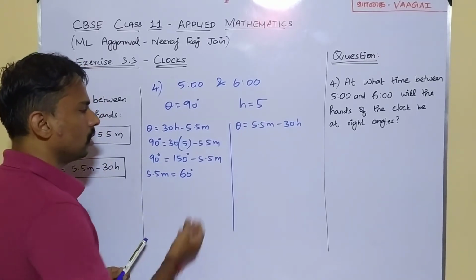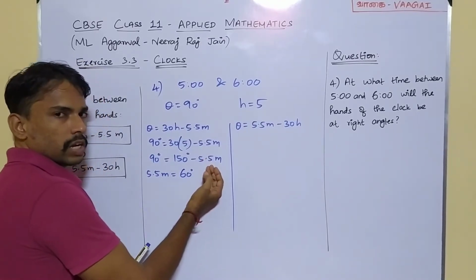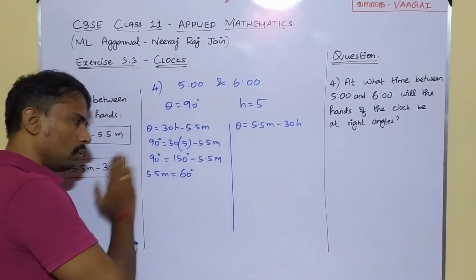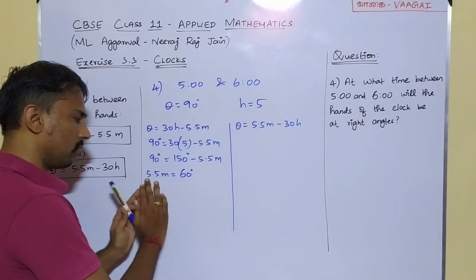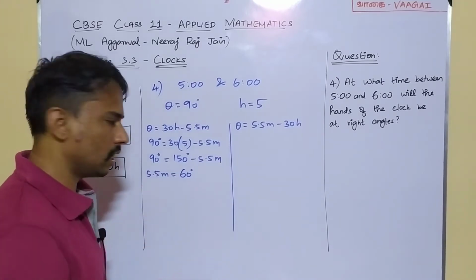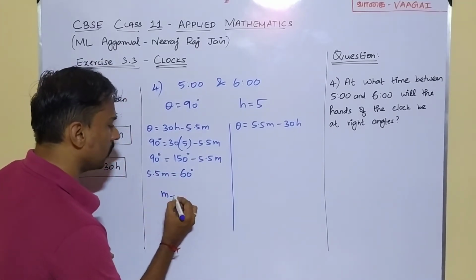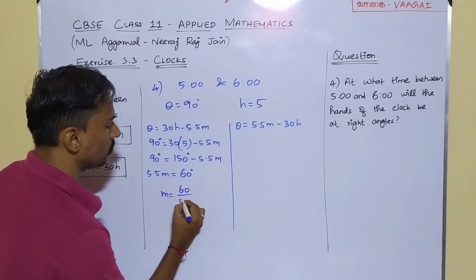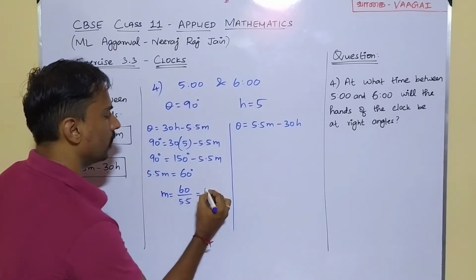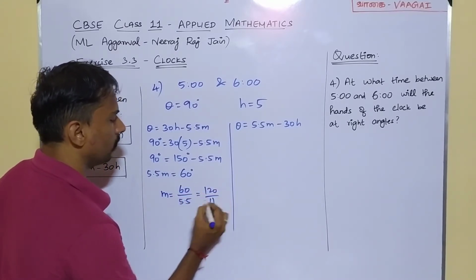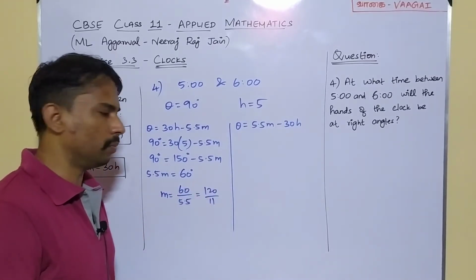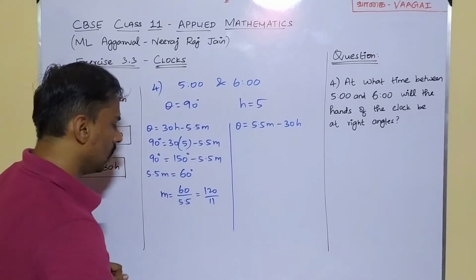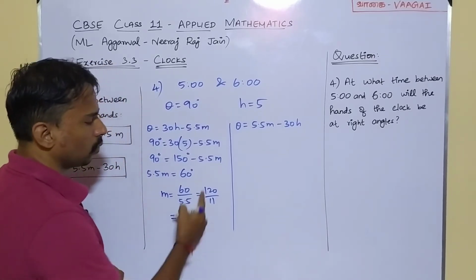Because you can clearly see this 5.5m which I have here, I'm just going to bring it to the left hand side, and this 90 I'm going to take it there, so that I will get this step: 5.5m is equal to 60 degrees. So from here I can get m is equal to 60 by 5.5. Now when I solve this, I will get 120 by 11. Why? Because I can multiply both numerator and denominator by 2. I will be getting 120 by 11.